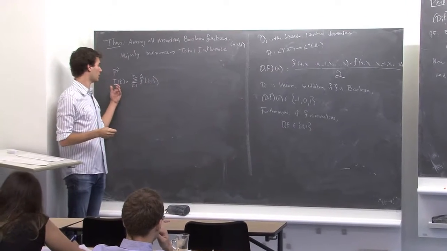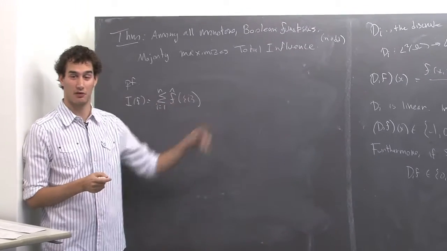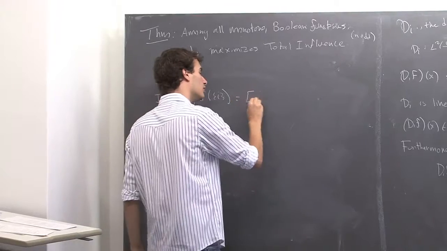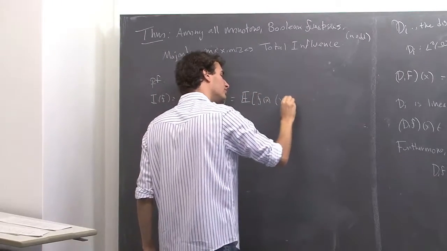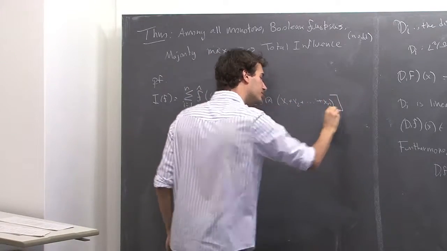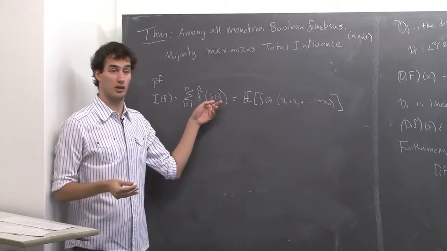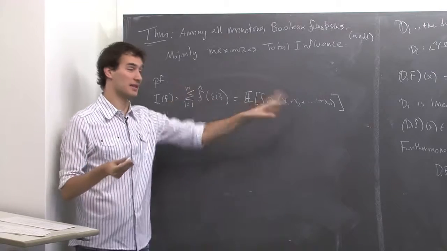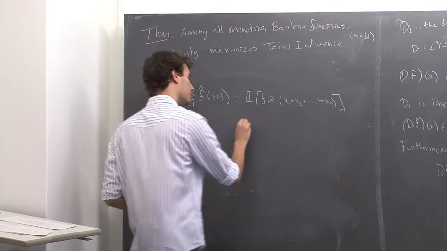So the total influence is equal to the sum of the first level Fourier coefficients by that theorem over there. Sum of influence. This is of course equal, by the definition of the Fourier coefficients, right? Each one is multiplied by the dictator function xi and then summed up by linearity. Okay?